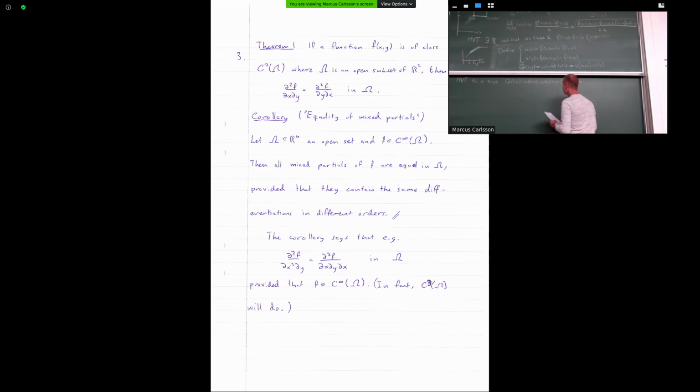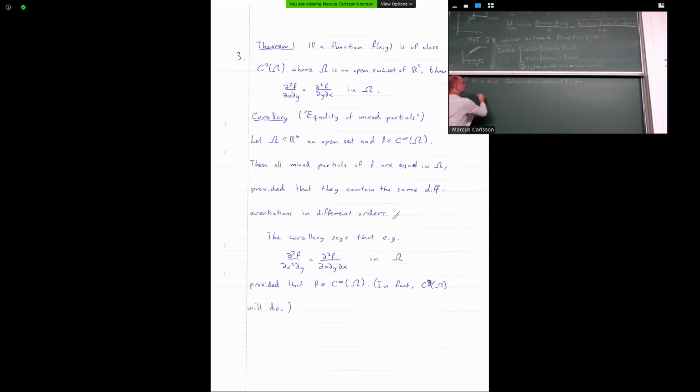And what is this? If we look at our definition of u, differentiating u just means differentiating f in the first variable at this point minus the same at the second point, b.